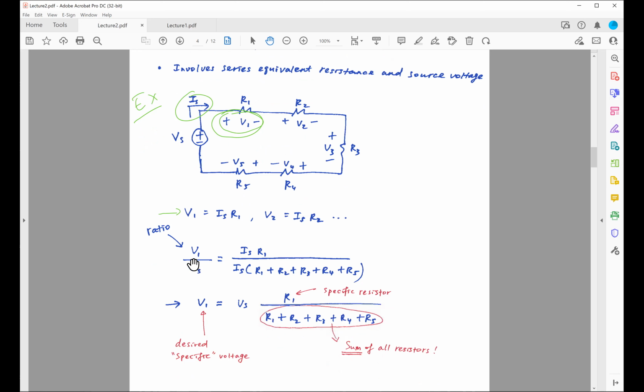So if I move this Vs to the other side, now I can find this V1 directly. And this V1, the voltage of interest, is a desired specific voltage that I wanted to find in the first place. And this is equal to Vs times some ratio of resistors.